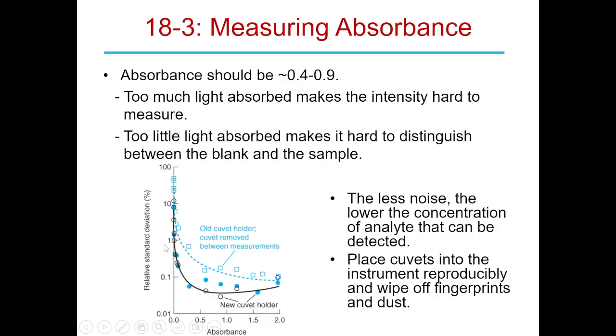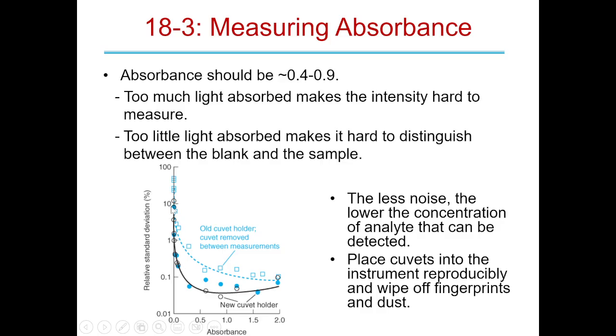All right, this right here is your relative standard deviations versus the absorbances, okay? This is why you don't use very low and very high absorbances. Notice the relative standard deviations: as you go down in concentration, that spikes up hugely, right?